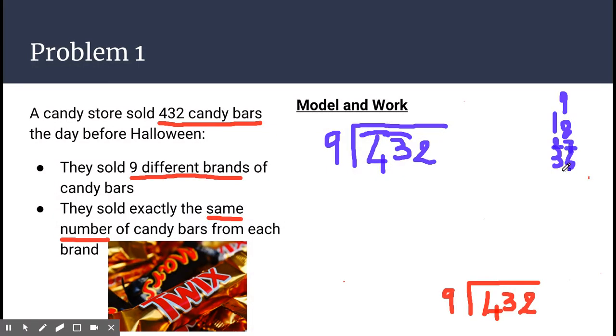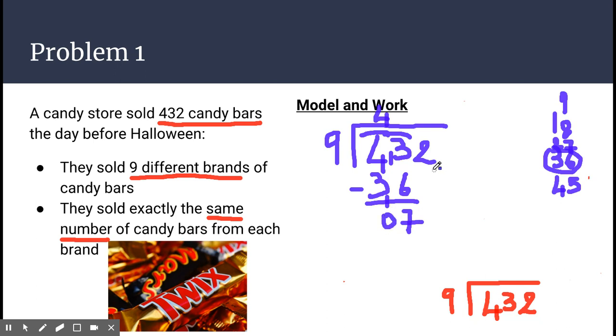Sorry about that. And then 45. So it looks like the one that is going to work, that is going to be a little bit less than 43, is 36, which is 9 times 4. So I'm going to put 4 here. 9 times 4 is 36. And then I'm going to set up my subtraction, and my remainder is going to be 7.